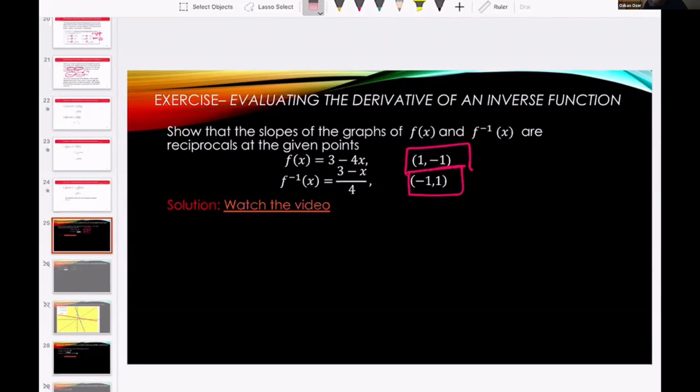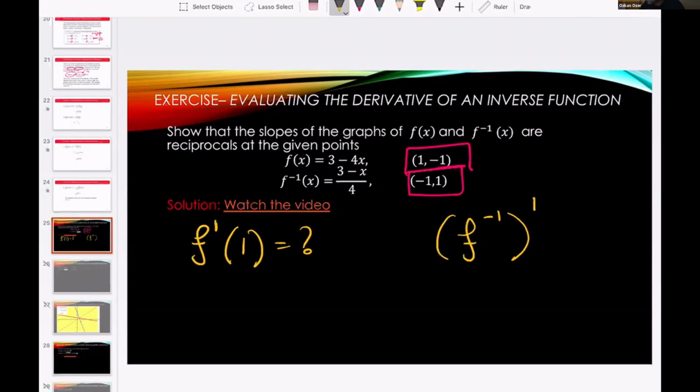What is the slope of f, which is f prime at 1? That's one question. And another question: what is the slope of f inverse at negative 1?